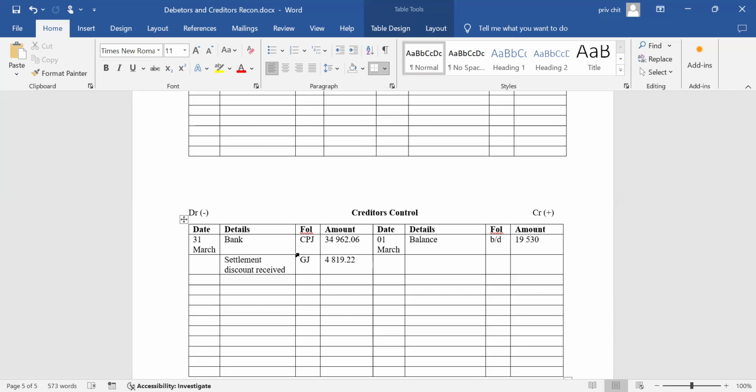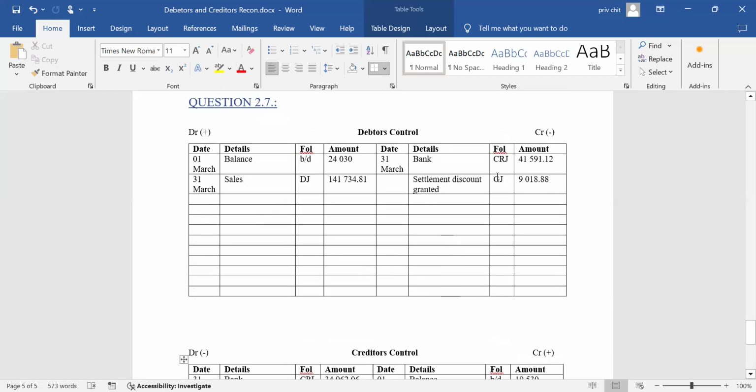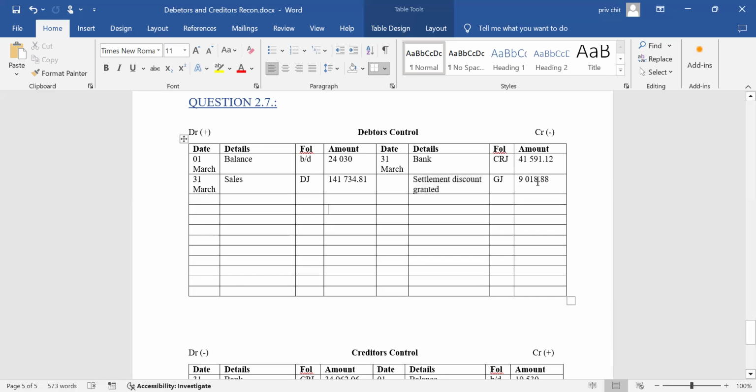Discount previously granted to debtors has been cancelled. That discount of 37 rands 99. So the moment I see that it has to do with debtors, I go back here. They're saying that a portion of the discount granted has to be cancelled. So if it has to be cancelled, this amount will be reducing by that amount.